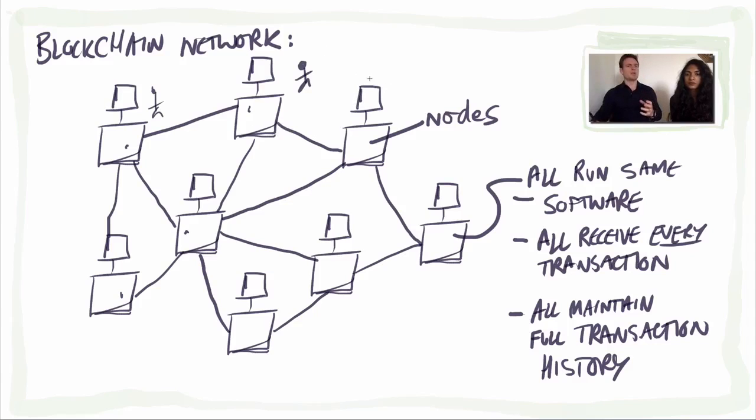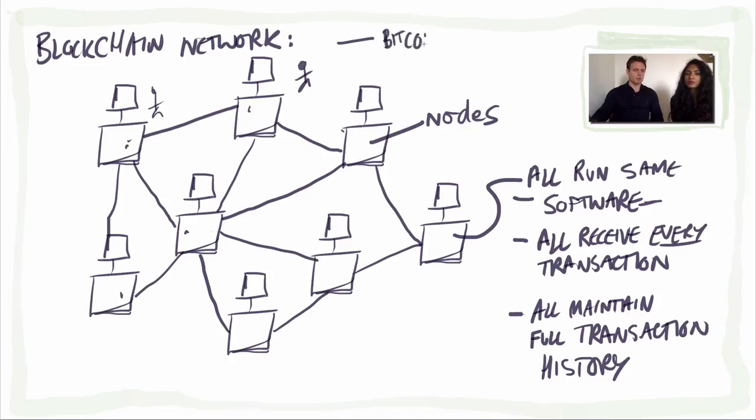Now when I say any transaction, let's be clear about that. There are many different blockchains. You can create your own blockchain. The definition of a particular blockchain is basically who is on the network, what software they're all running to process this particular type of transaction, and what type of transaction you're talking about.